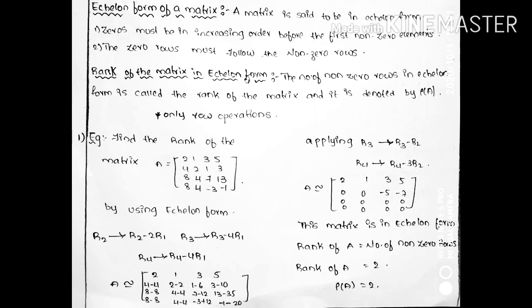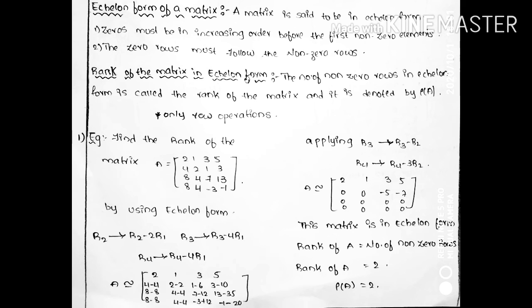So now in this echelon form, we have to take only the row operations. Already I mentioned that only row operations. Now the first row is non-zero row and the first element is also non-zero.